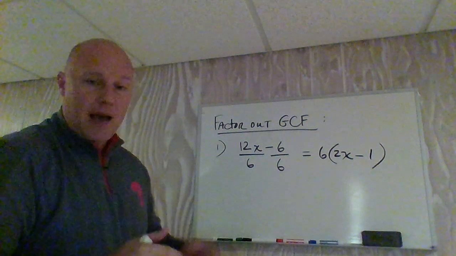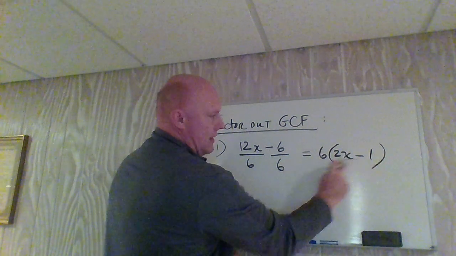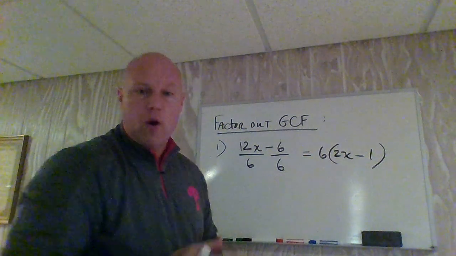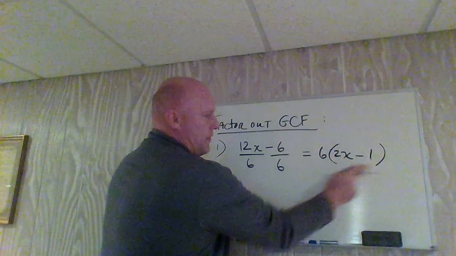How do you know you're right? There's nothing else that you can factor out of this expression other than 1, so 1 would be the greatest common factor of this expression. So you know you're finished there.